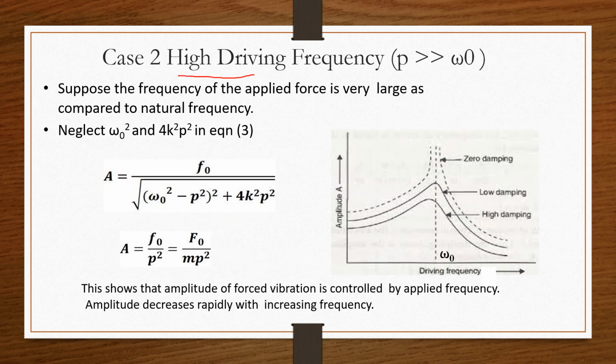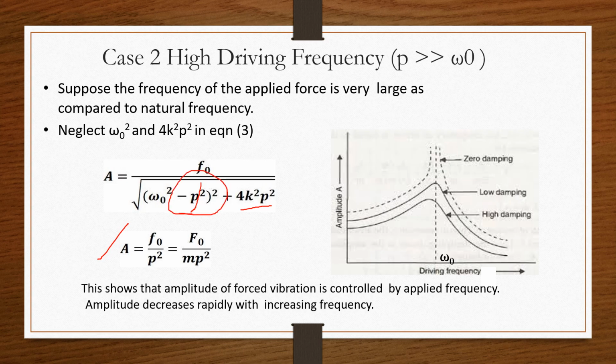In the case of high driving frequency, when P is much greater than omega 0, first of all you can neglect omega 0 square, then the term containing P square, because P raised to 4 is much greater when compared to P square. So here we can neglect this P square and also this term 4 K square P square. So the expression for amplitude becomes A is equal to F0 by root of minus P square the whole square.